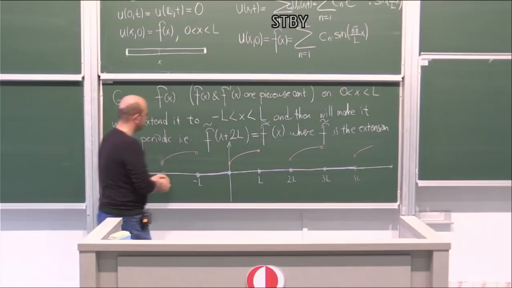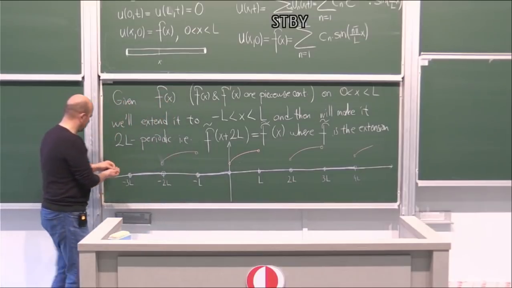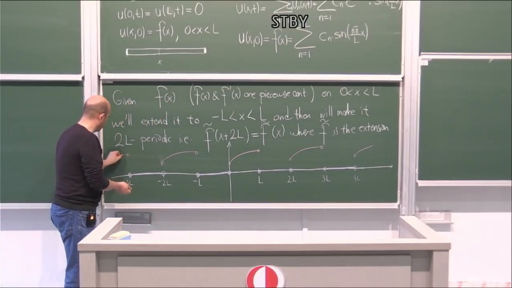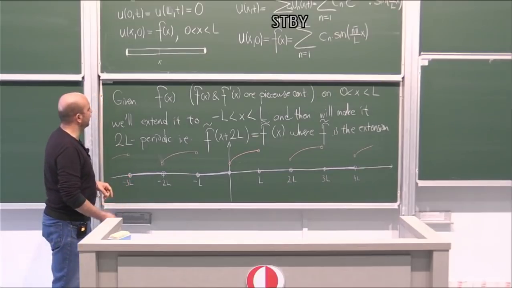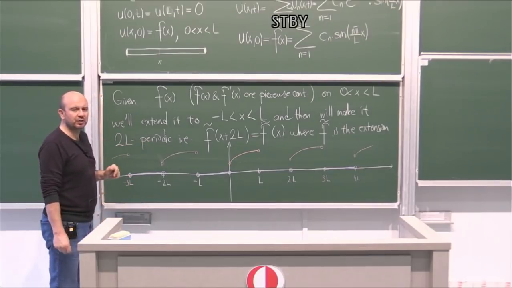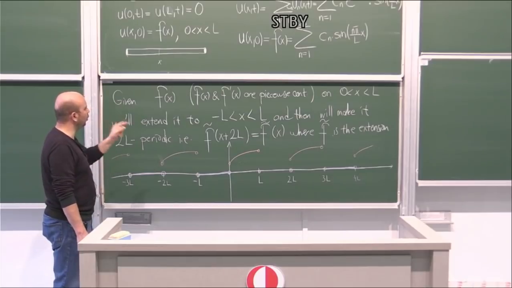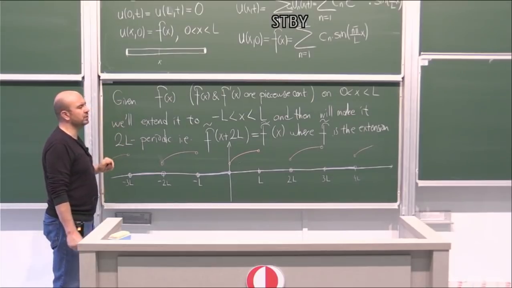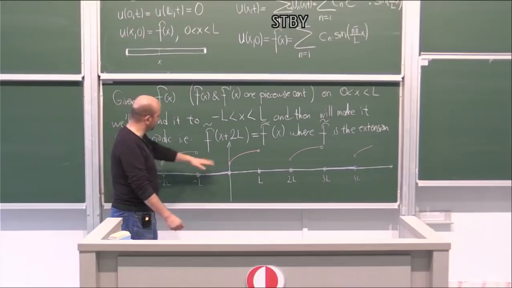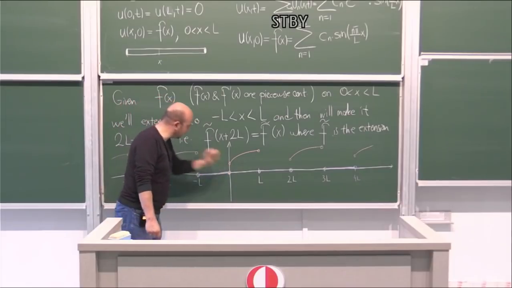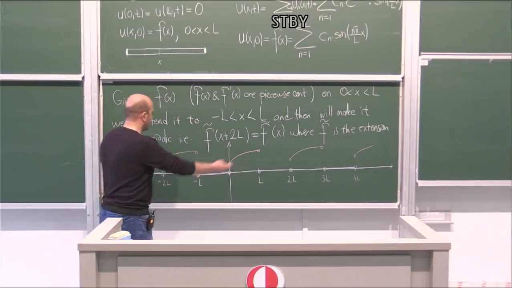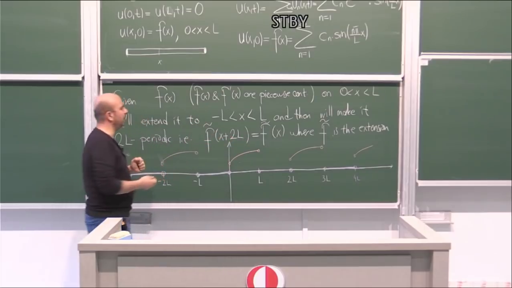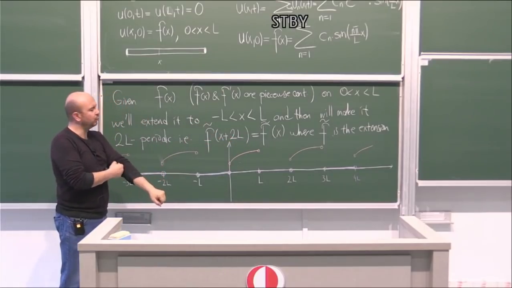This is the function we got now. So for this function we can compute its Fourier series, because our function is now piecewise continuous, its derivative is piecewise continuous, and it is now 2L periodic.